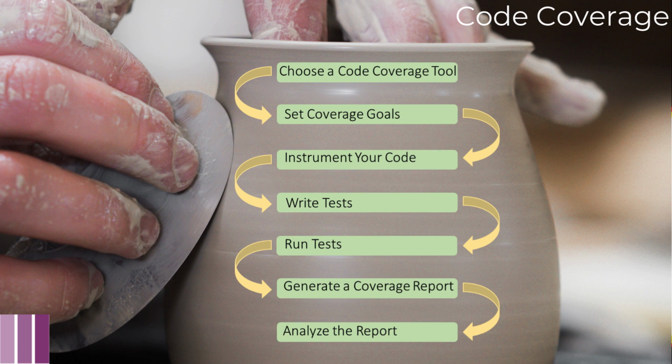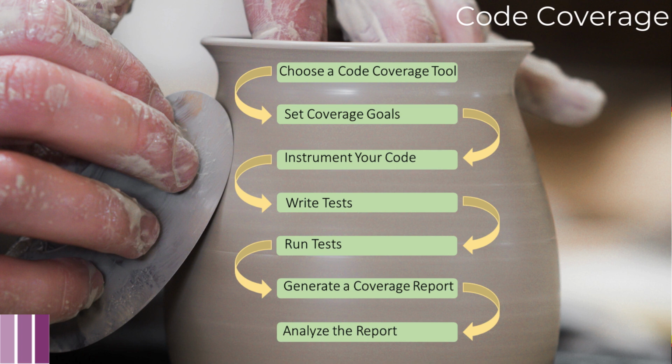These tests can include unit tests, integration tests, and system tests, depending on your project's requirements. Execute your tests while the code coverage tool is active. The tool will monitor which parts of your code are executed during the test runs.